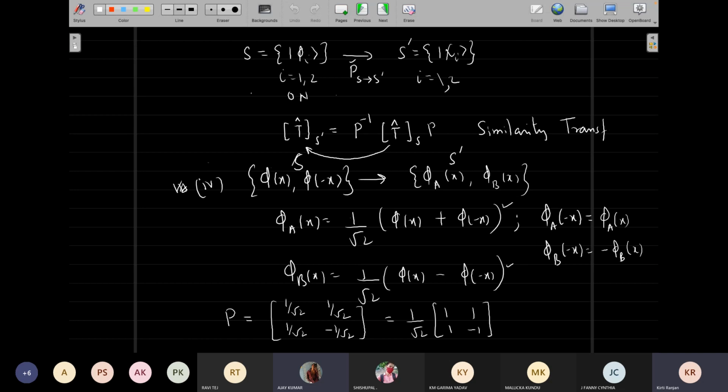So this is my A4, where I have written it in terms of phi a x and phi b x. What is the purpose of writing it this way? If you operate the P operator on phi a x, you are always going to get phi a x.